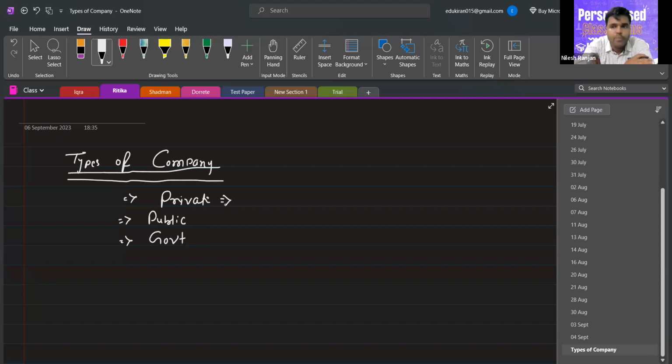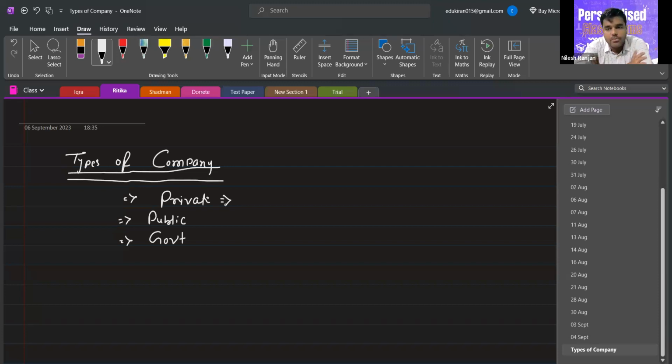A public company is listed on the stock exchange of any country, and you can easily purchase or sell its shares through the open market by opening a demat account. Through that account you can purchase or sell shares of different companies listed on the stock exchange. That is called a public company.